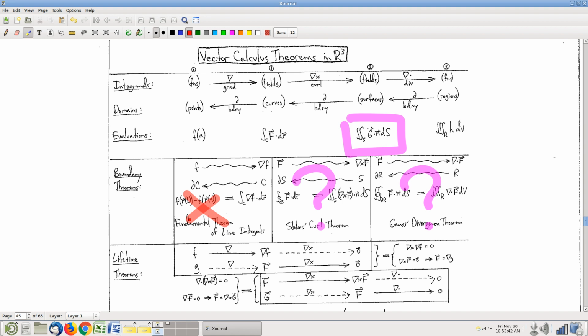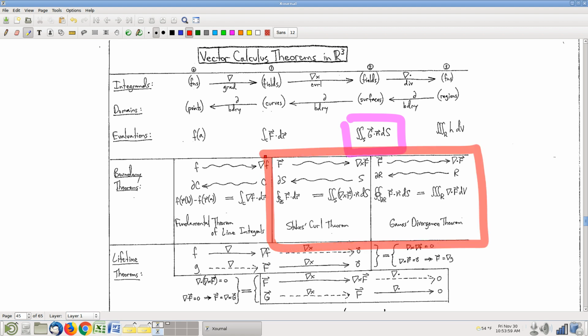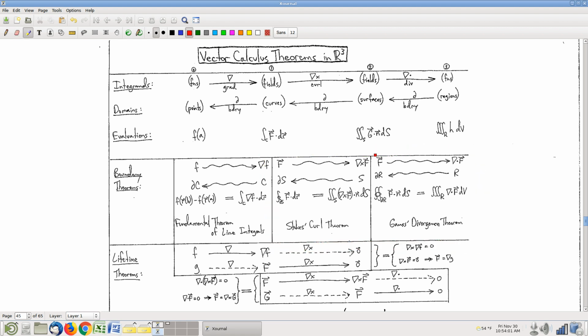So please make a point of not writing anything down that couldn't possibly help. Okay. So here are your two candidates: Stokes' curl theorem, Gauss' divergence theorem.